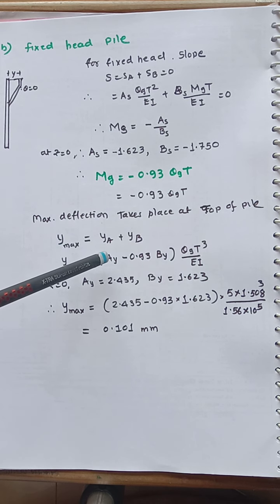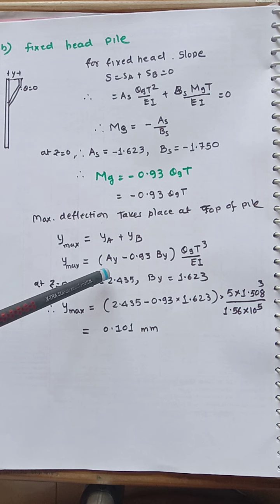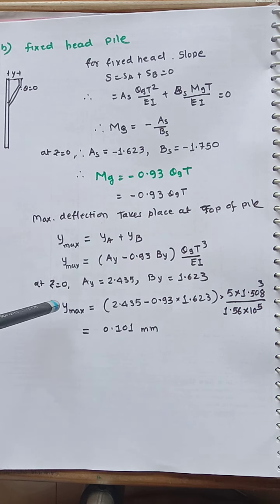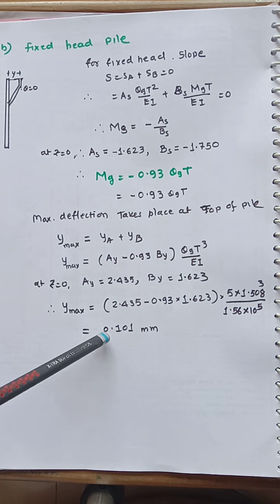Substituting 2.4 at Z equal to 0 and 1.6, we can find the maximum deflection, which is maximum at the surface. We get a maximum deflection of 0.101 mm.